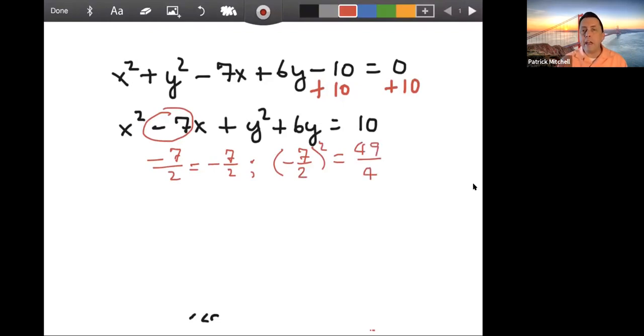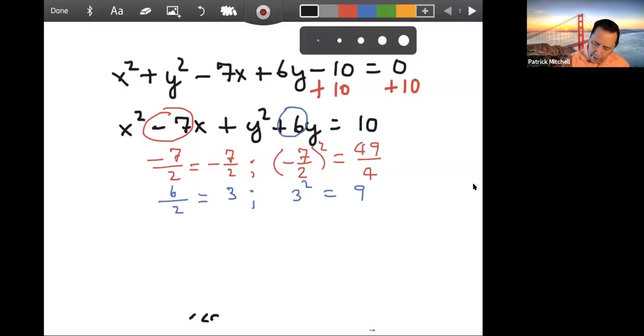So that number is going to get added to both sides of the equation. Let's go ahead and do the y terms now. The number attached to the y is a 6. So I'm going to divide that by 2. That gives me 3. And then, of course, 3 squared equals 9. So I'm going to add 9 to both sides.